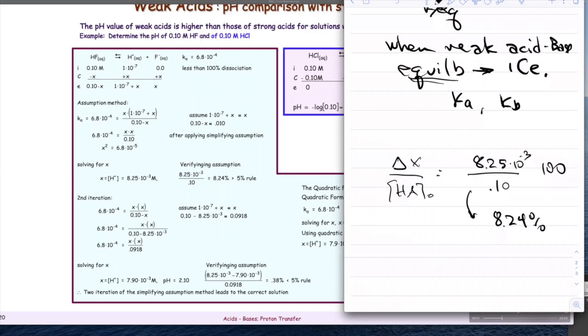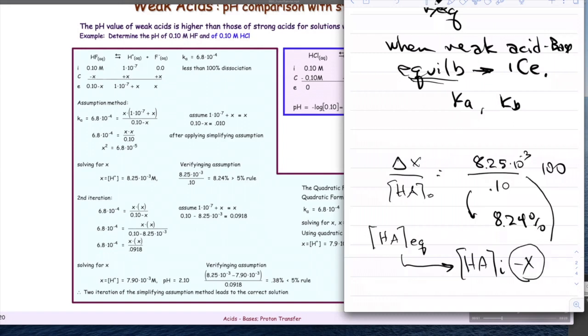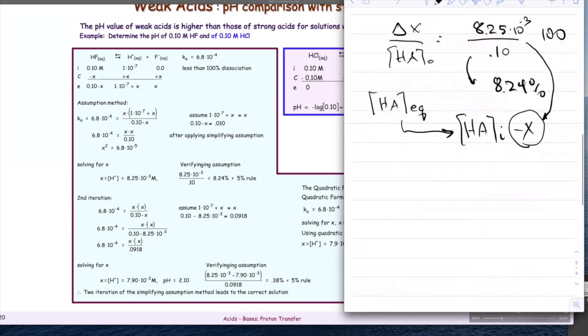And how do we do our second iteration? We have to go back to our basic assumption. Our basic assumption was that the equilibrium concentration of the acid is going to be equal to the initial concentration minus X, but X is not 0 anymore. It's actually 8.25 times 10 to the minus 3. And so we need to make this equilibrium concentration a better value.